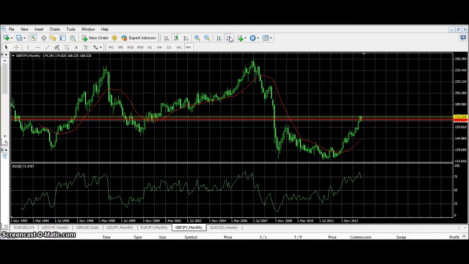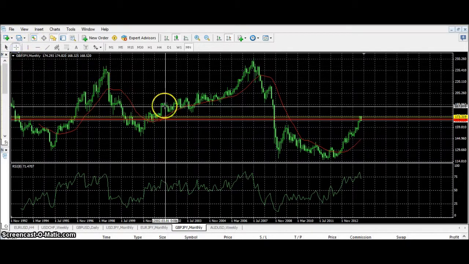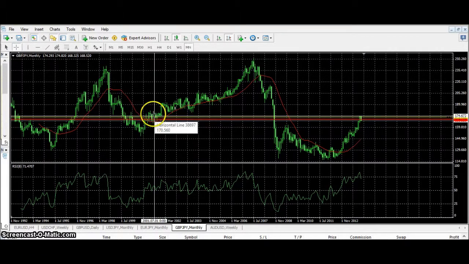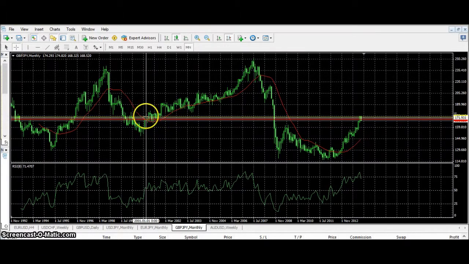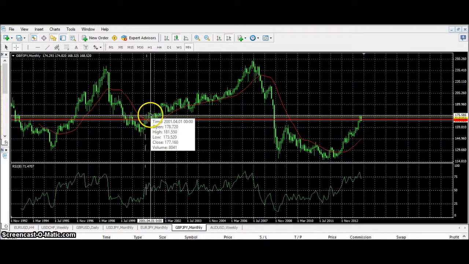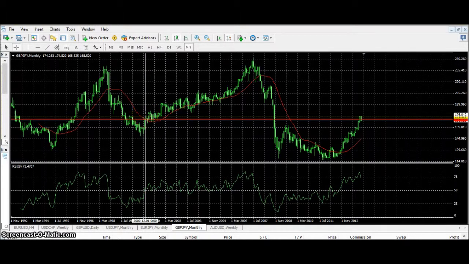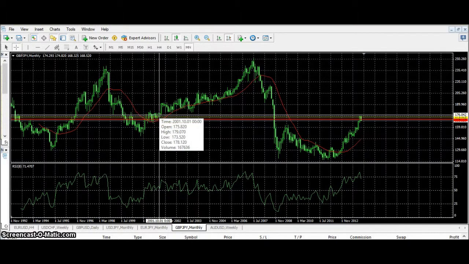Okay, I won't support you to start selling immediately, because just like what is happening on euro yen, it is trying to observe this very strong resistance level that occurs within 2000 to 2001.